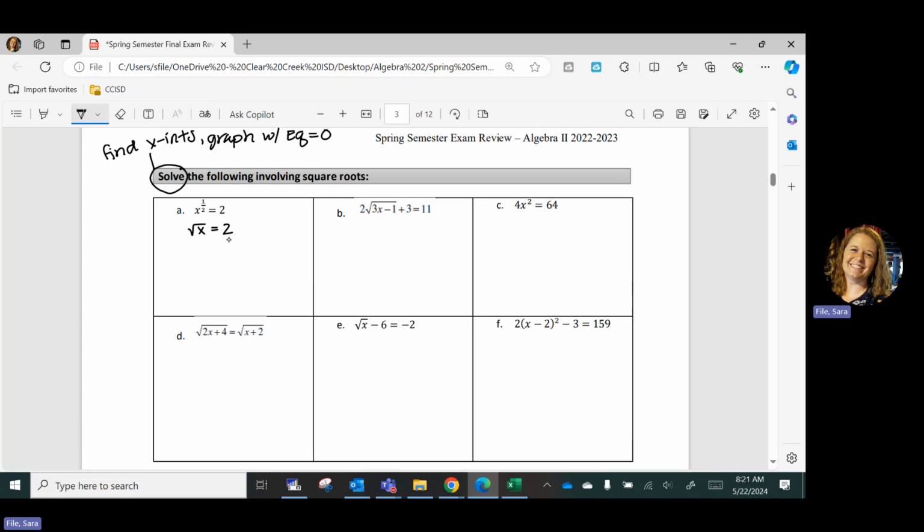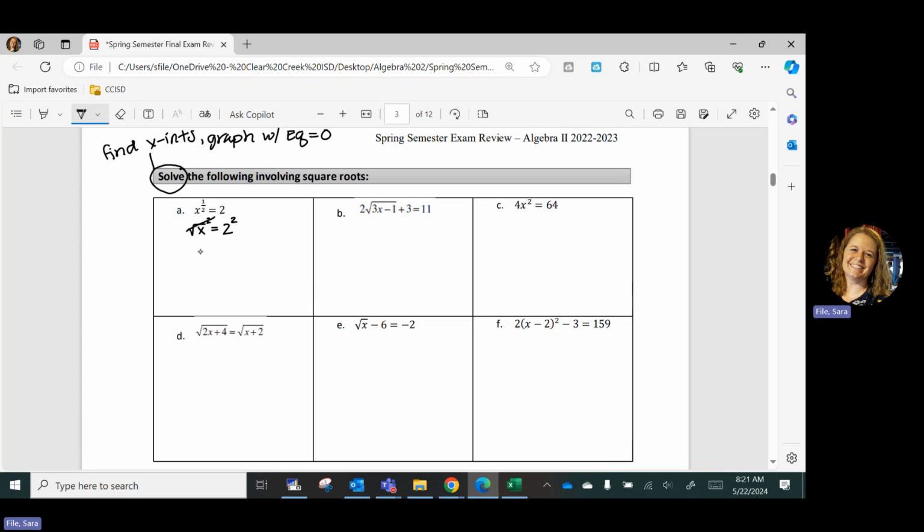But if you don't know that off the top of your head, let's just use our algebraic skills. To get rid of a square root, what would be the opposite operation? If I'm trying to solve this for x, how do I get rid of that radical? The opposite of square root is square. So I could square both sides. What you do to one side, you do to the other.